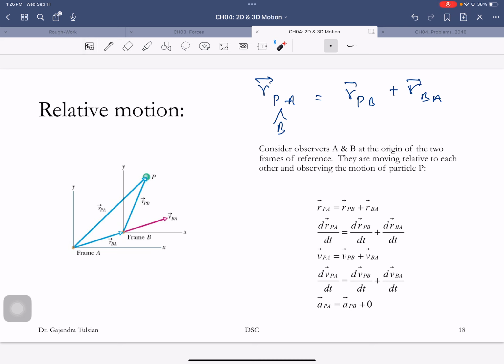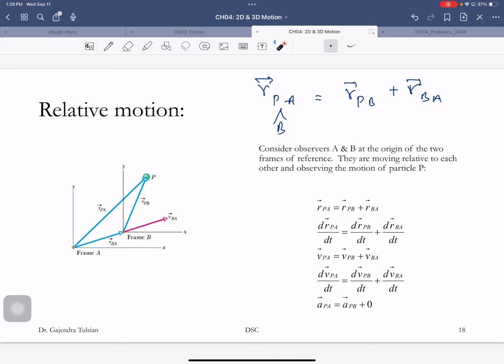Okay. So if you want the velocity of the particle with reference to frame A, you just take the derivative of that. That gives you the velocity of the particle with reference to frame A. That's equal to velocity of particle with reference to frame B, and what is this? Velocity of frame B with reference to frame A. Okay. So for instance, that would be the car traveling at 60 miles an hour with respect to the ground.